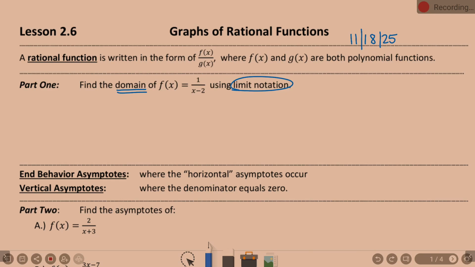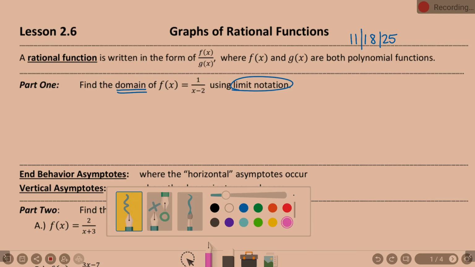Now, what do we know about denominators? Denominators of fractions cannot equal 0. That's an old statement that you've heard time and time again.